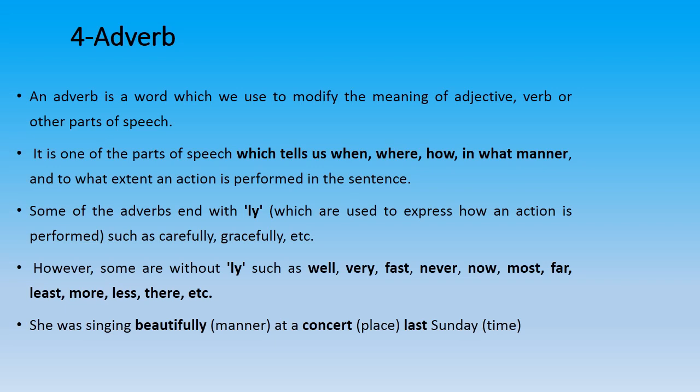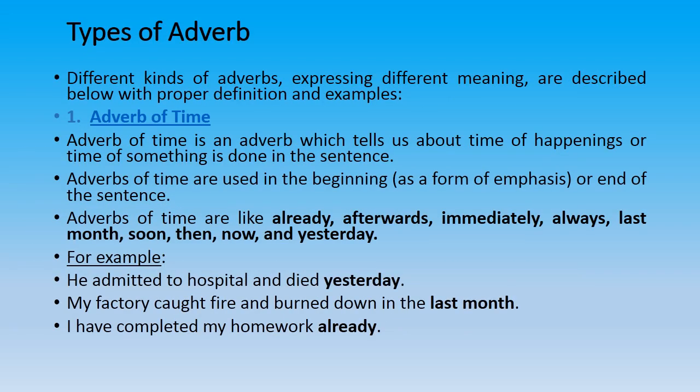Let's see with examples how adverb is used. She was singing beautifully at a concert last Sunday. Here, different types of adverb are used in this sentence. You can see beautifully. Beautifully is an adverb of manner, and concert is an adverb of place, and last is showing the time, so it would be called an adverb of time.